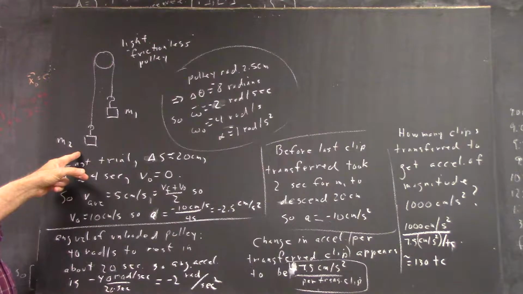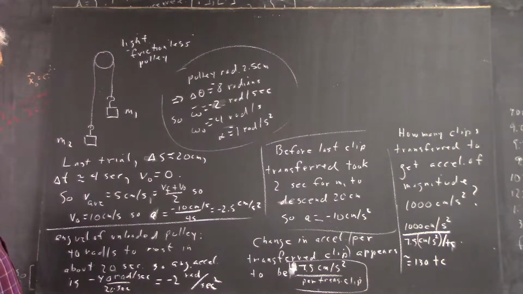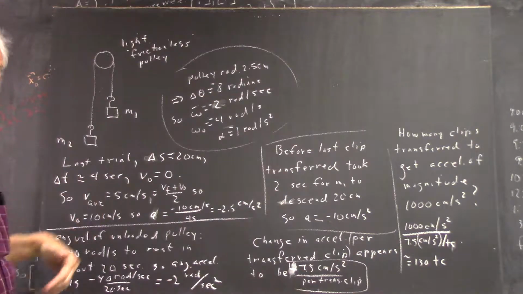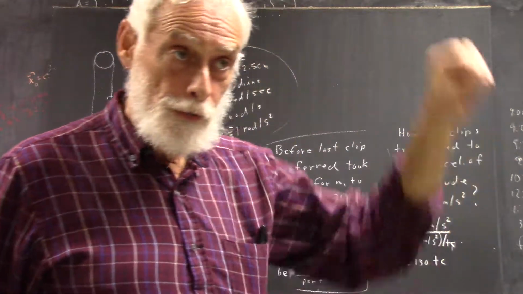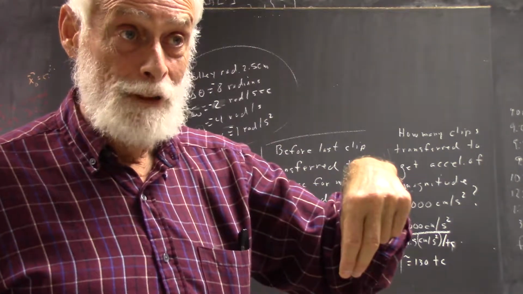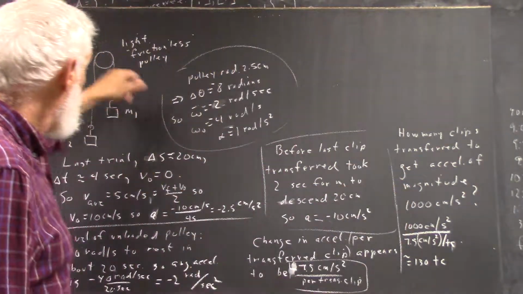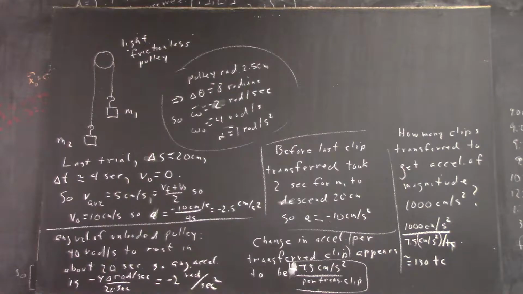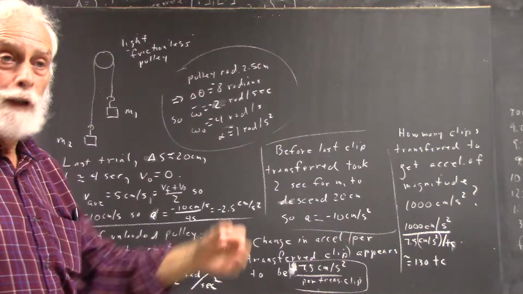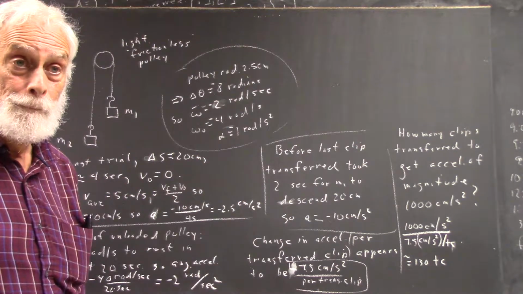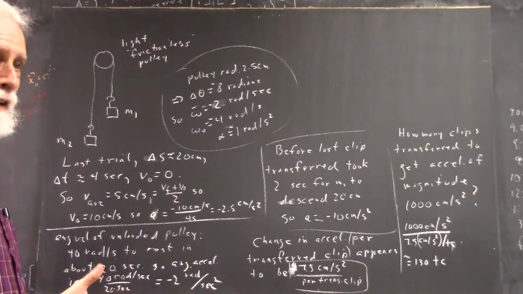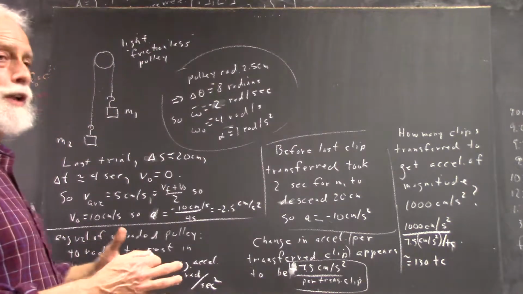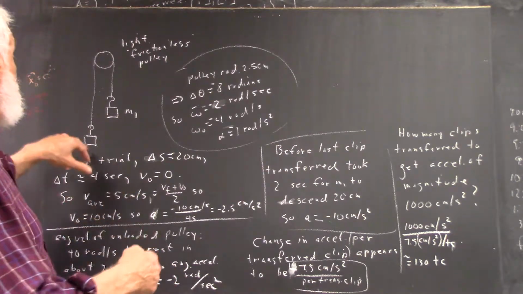So we change the net force on this system by the weight of 2 clips. If we just take a clip off here, we're changing it by the force gravity exerts on that clip, but if we then put it over here, then we're changing it by the force of gravity on an additional clip.